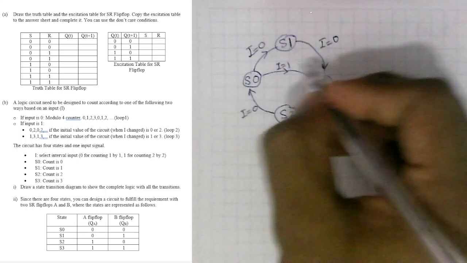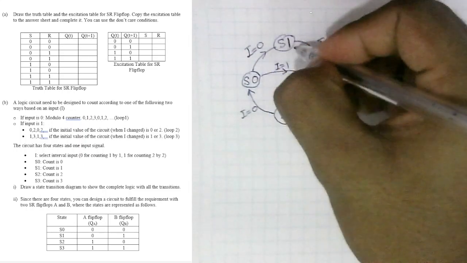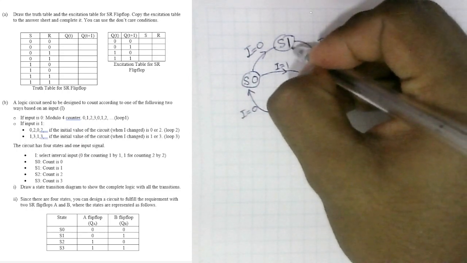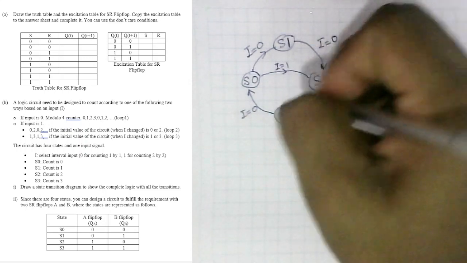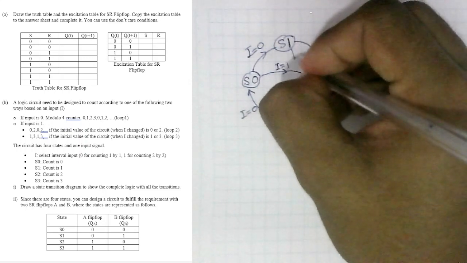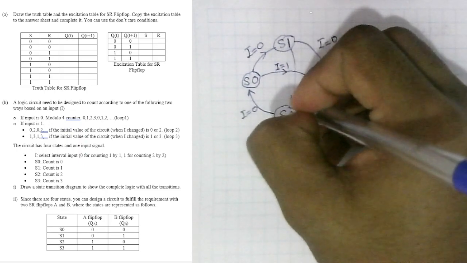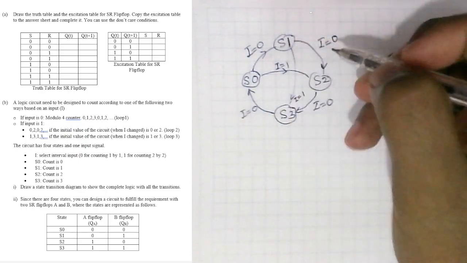Okay, now what will happen if we are at S1 and we get I equals 1? We have to count 2 instead of 1, right? So we'll be skipping 2 and we'll be going to 3. We'll be going like this. So this is I equals 1 at state 1.